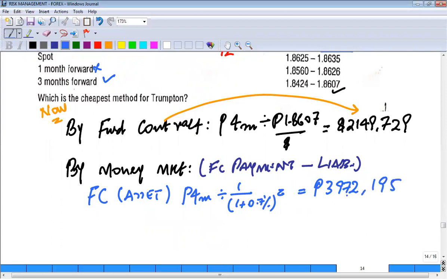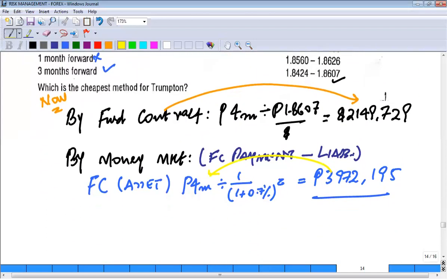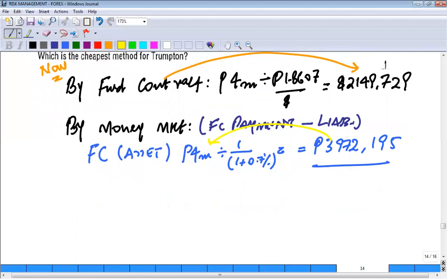If we arrange 3,972,195 pesos now, it will become 4 million pesos with the investment rate of 2.8% per year after 3 months.